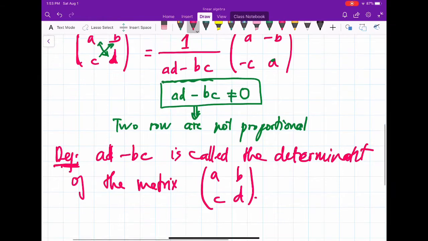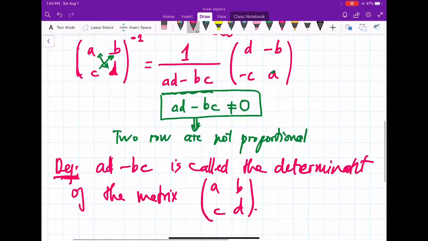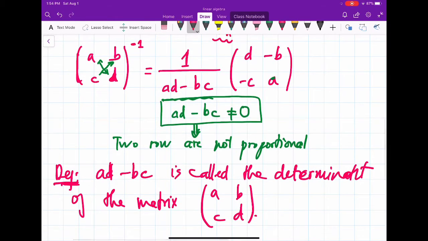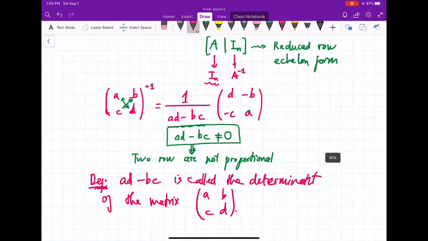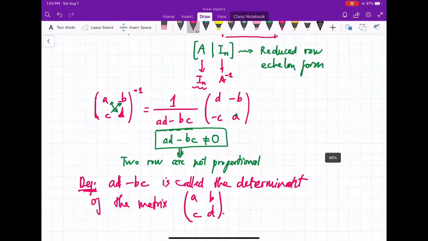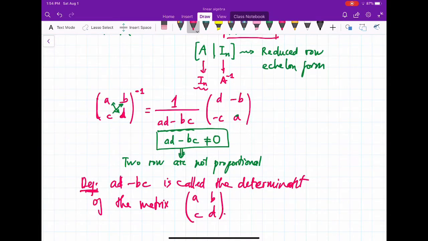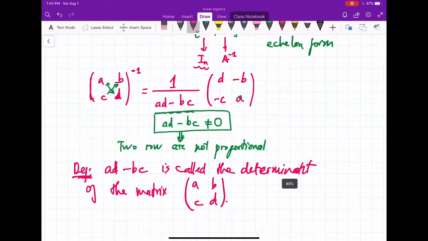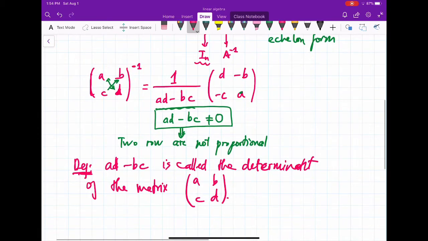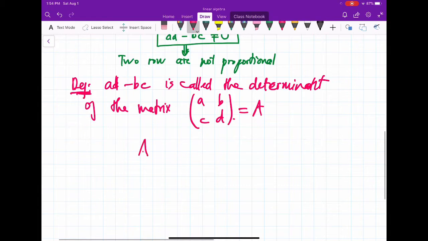So this value helps you understand if a 2 by 2 matrix is invertible or not. And of course, that helps you determine if the corresponding system of linear equations has a unique solution or not, if the system has the form AX equals B, where A is a 2 by 2 matrix.